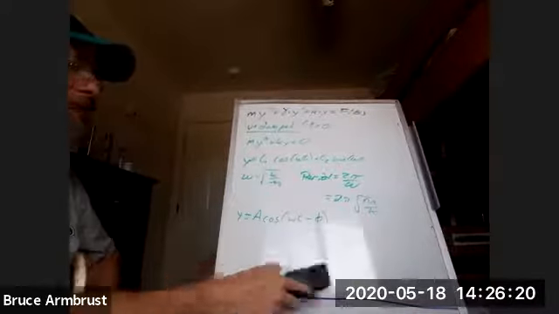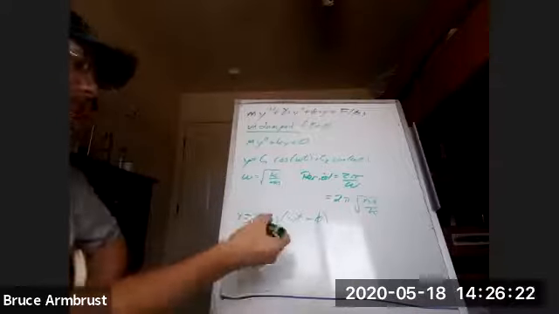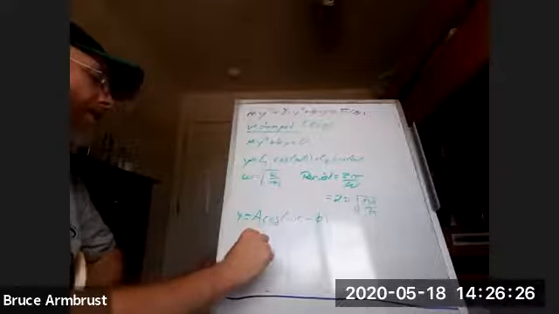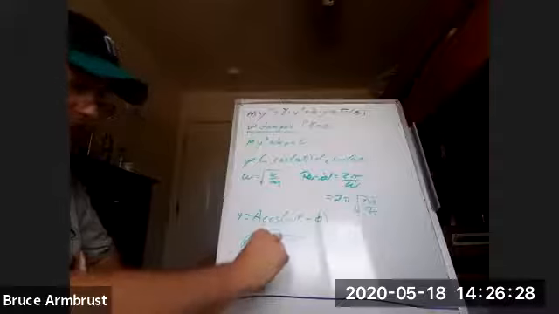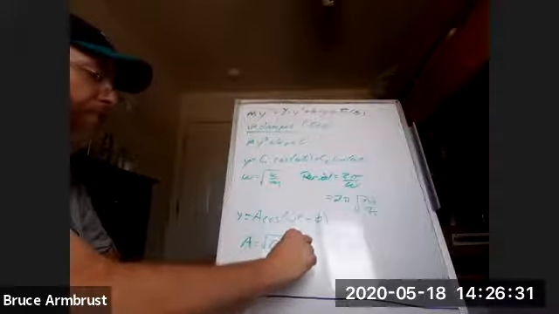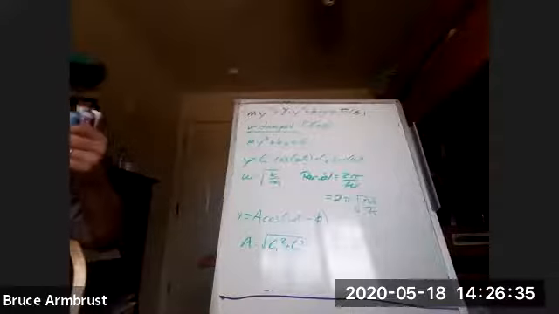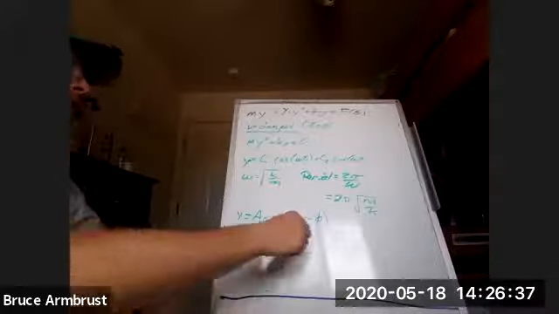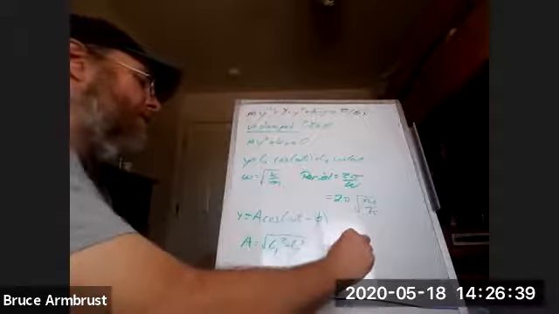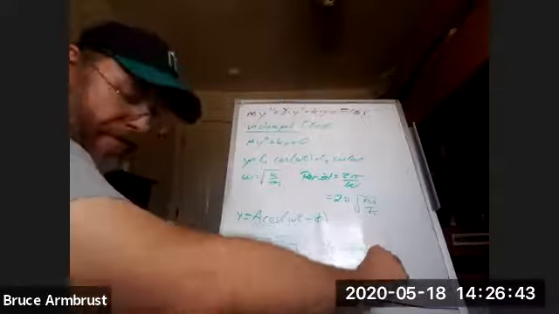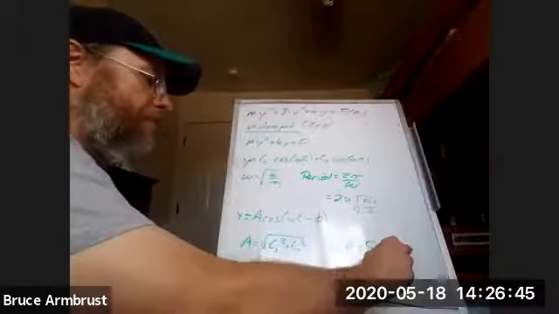And I'm not going to bother you with the derivation. It's just from some trig. But it turns out that the amplitude is the square root of c1 squared plus c2 squared. And if you want to know the phase shift, the tangent of that phase shift is equal to c2 over c1.